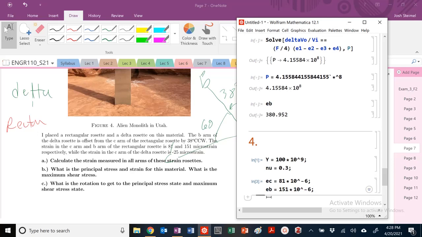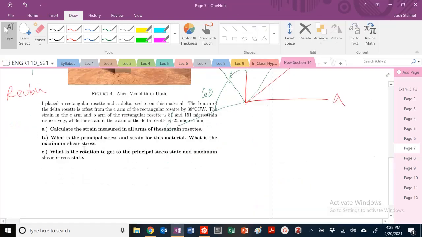While the strain in the C arm of my delta rosette is minus 25 microstrain. So E sub C prime is equal to minus 25 times 10 to the minus 6. I need to calculate the strain measured in all arms of these strain rosettes. I need to find the principal stress and strain for this material, the maximum shear stress, and the rotation to get to the principal stress and the maximum shear stress state.